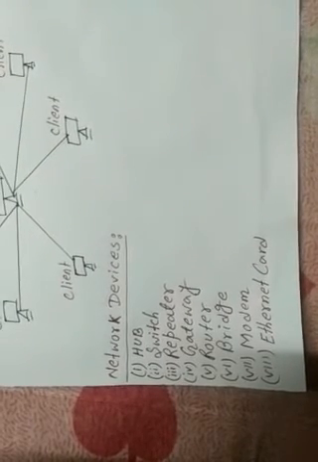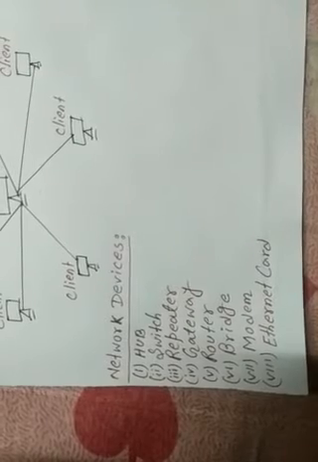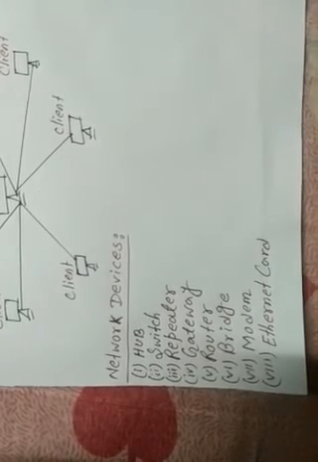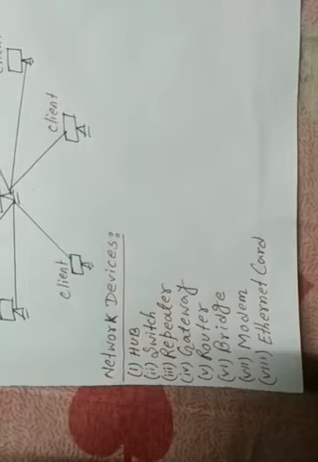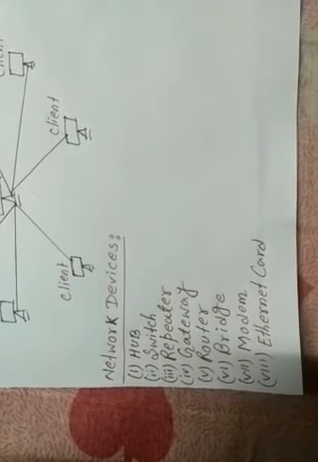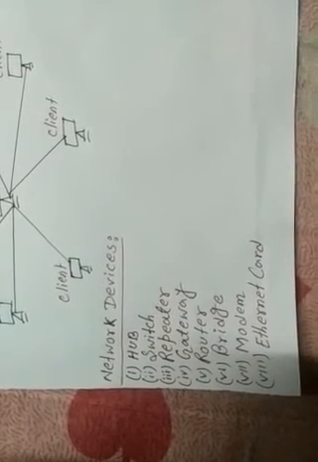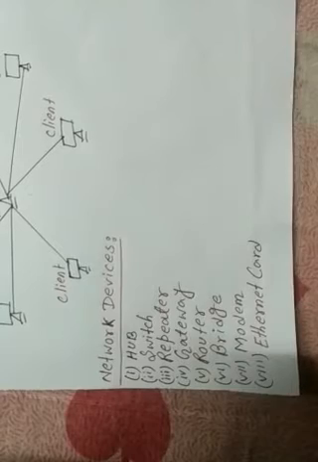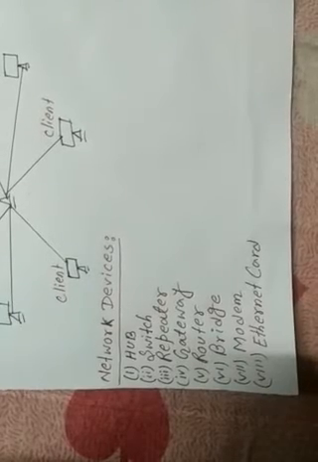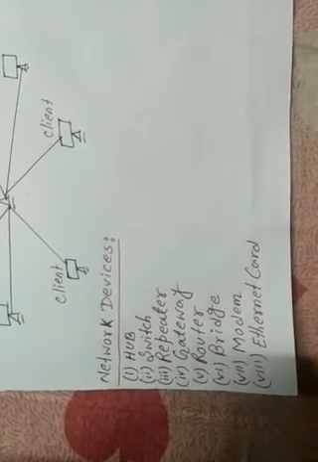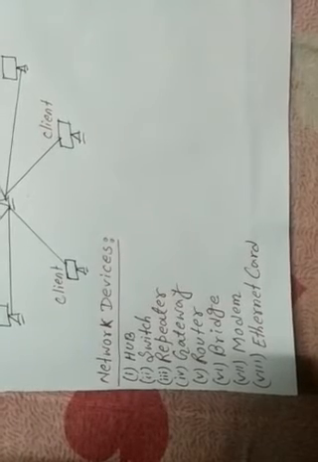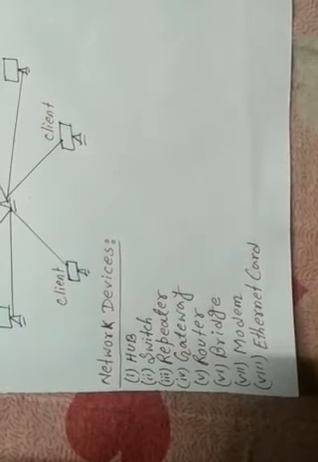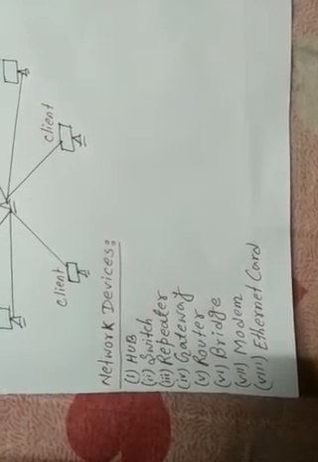Then switch. A switch is a networking hardware that connects devices on a computer network to establish a local area network. What are the differences between switch and hub? Switch sends data to exact MAC addresses, whereas hub sends data to all nodes.